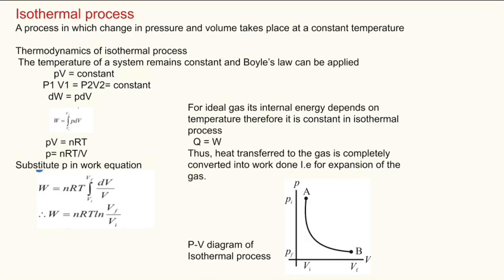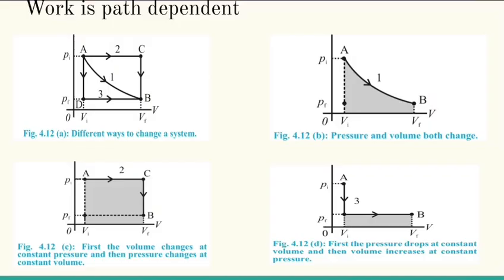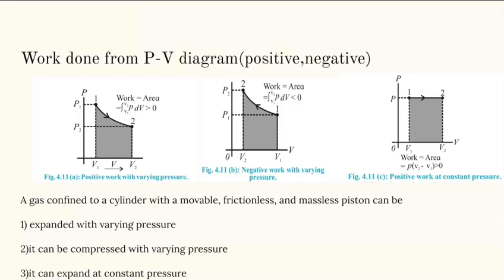We have already seen this graph previously twice or thrice. If you note here, from A to B, that curved line, path 1, shows an isothermal process. Here, in the first graph, 1 to 2 also shows an isothermal process.